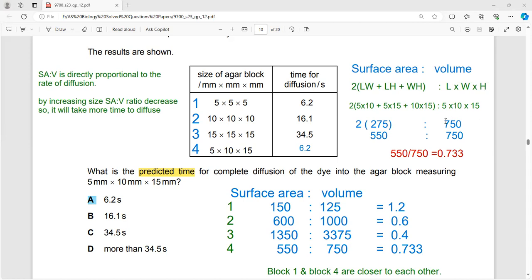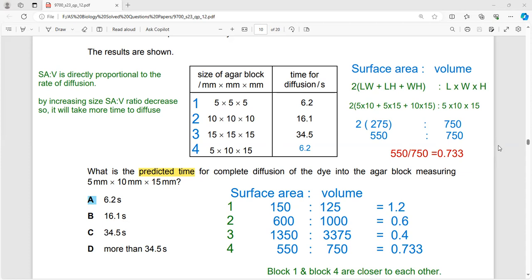So we're going to find this ratio. For example, if I'm selecting block number 4, the surface area of block number 4 is 550, and the volume of block number 4 is 750. When we divide the surface area by the volume, 550 divided by 750, the answer is 0.733. So this is our value.